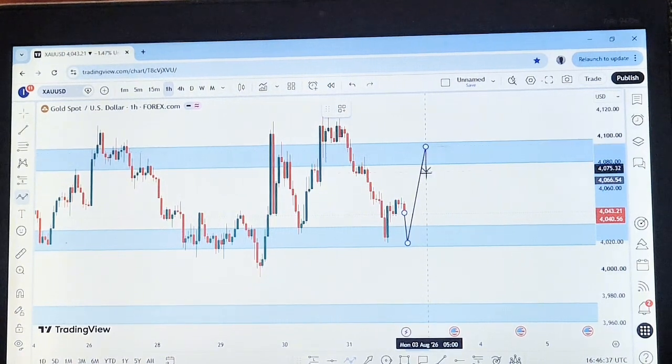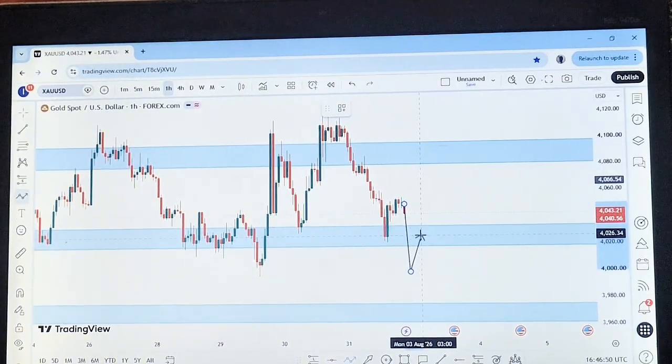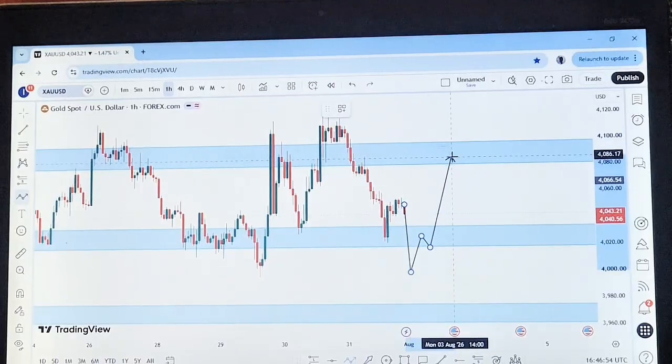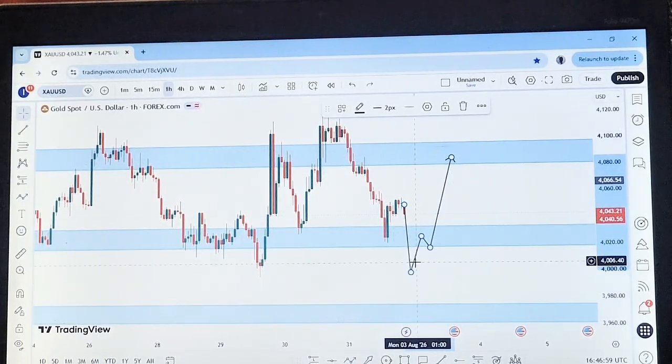Or if that doesn't happen, look at what is going to happen. This market will still come and give another inverse head and shoulders pattern, and then push up again, depending on how the market wants to respect that level.